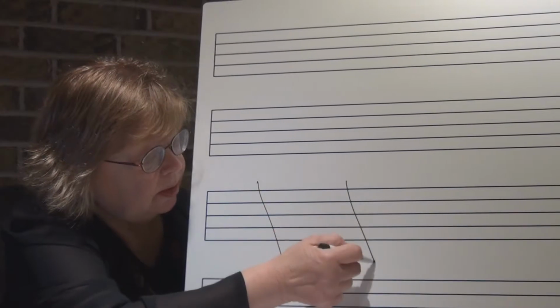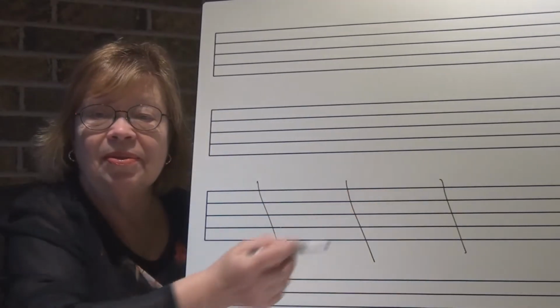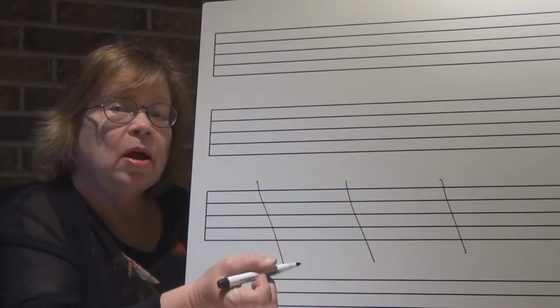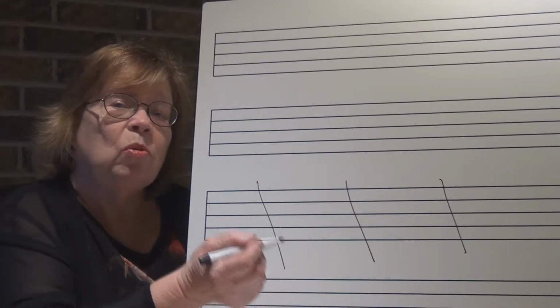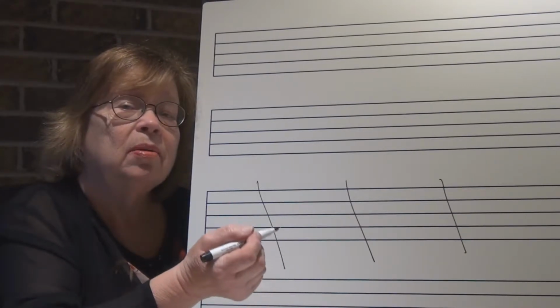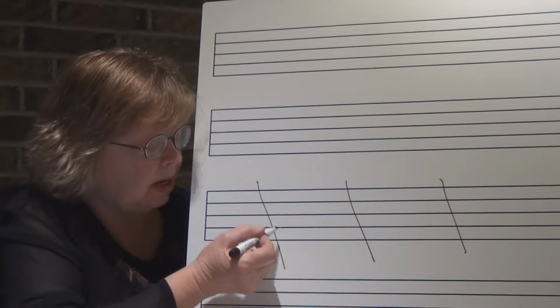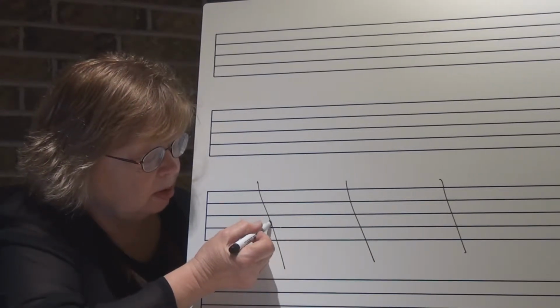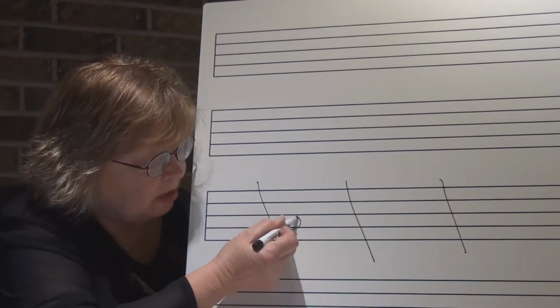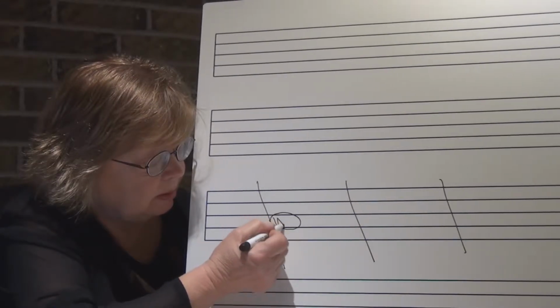1, 2, 3. Okay? Now, each quarter note is going to start precisely on the beat. So that means that this quarter note here is going to start precisely on the beat.